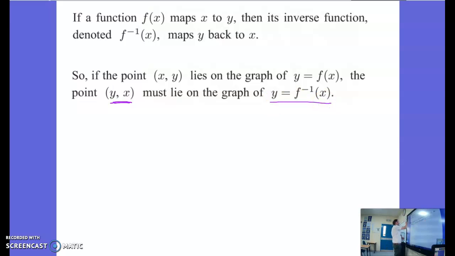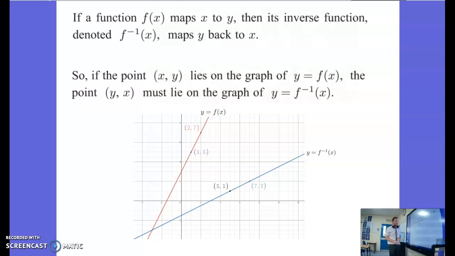I'll show you that graphically here. So we've got a couple of points here. Here is my line y equals f of x, and this is that line y equals 2x plus 3. You can see we've got a coordinate there at 1, 5. The x is 1, the y is 5.